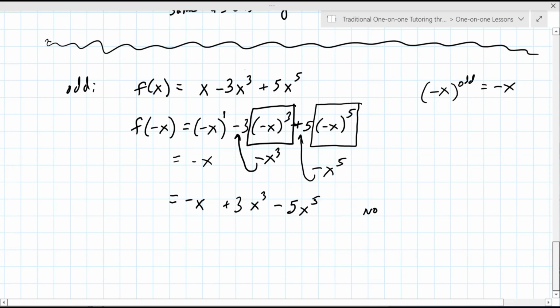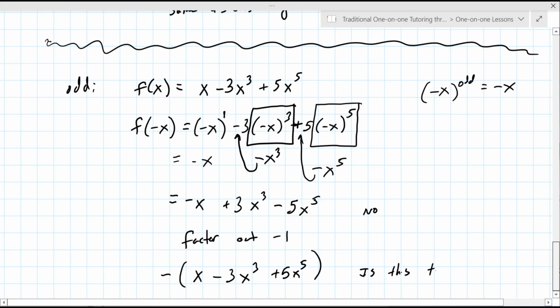Okay, so then what do you do? You factor out -1 from everything. So you put a -1 on the outside. All it does is change the sign of what's inside. So it's x minus 3x cubed plus 5x to the fifth. Then you ask yourself, is this the same as the original?